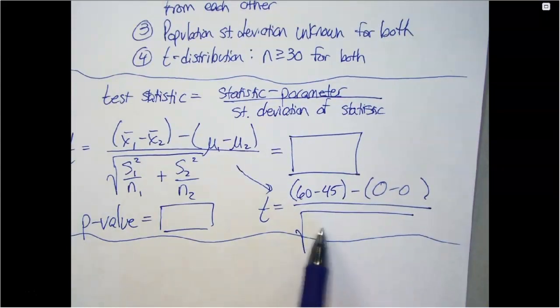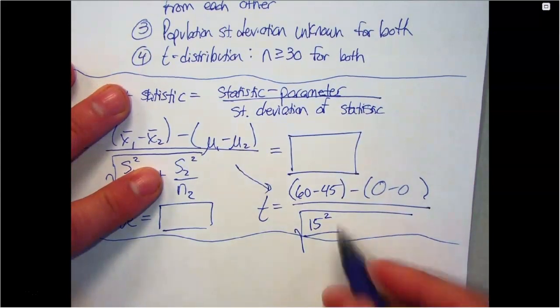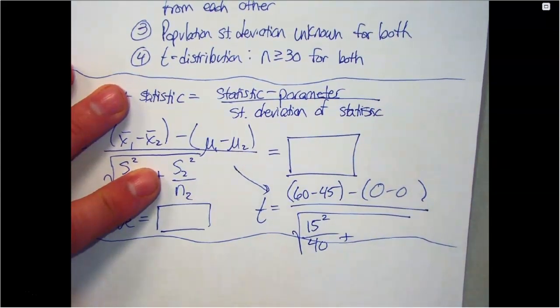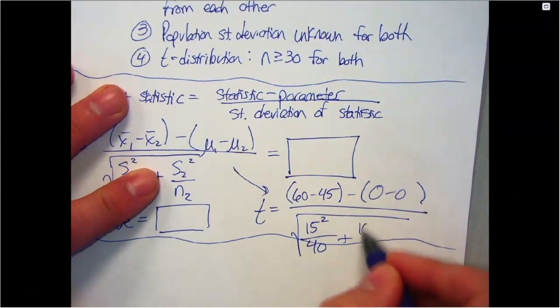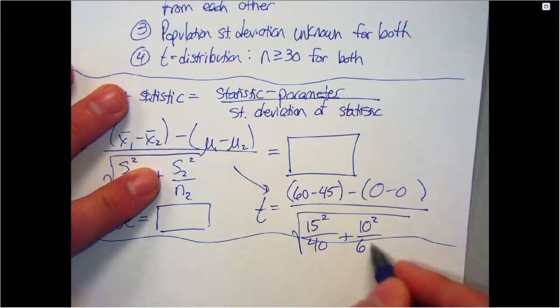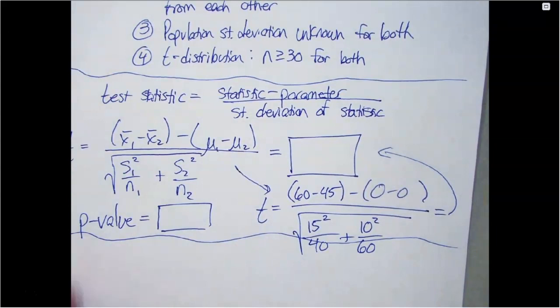And then S1, what's that? 15. N1 is 40. S2 is 10. And N2 is 50. That gives this number. Sorry about that.